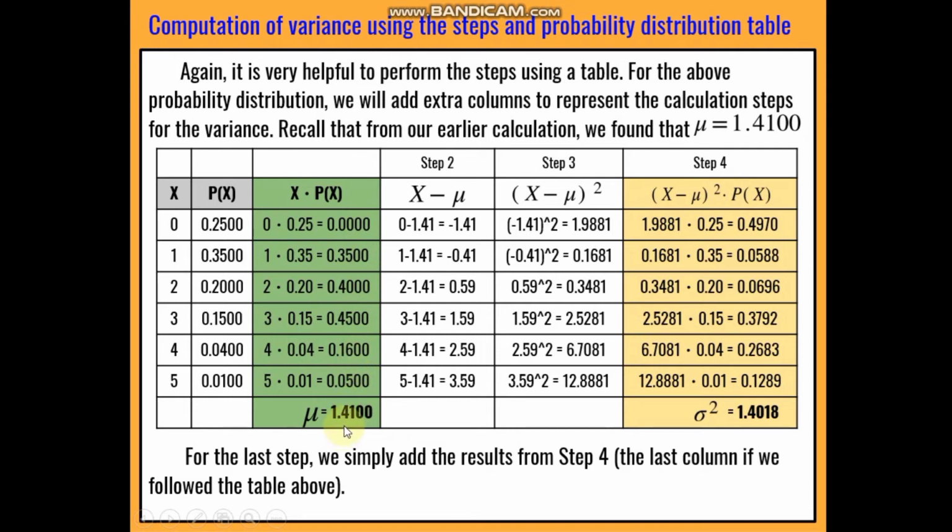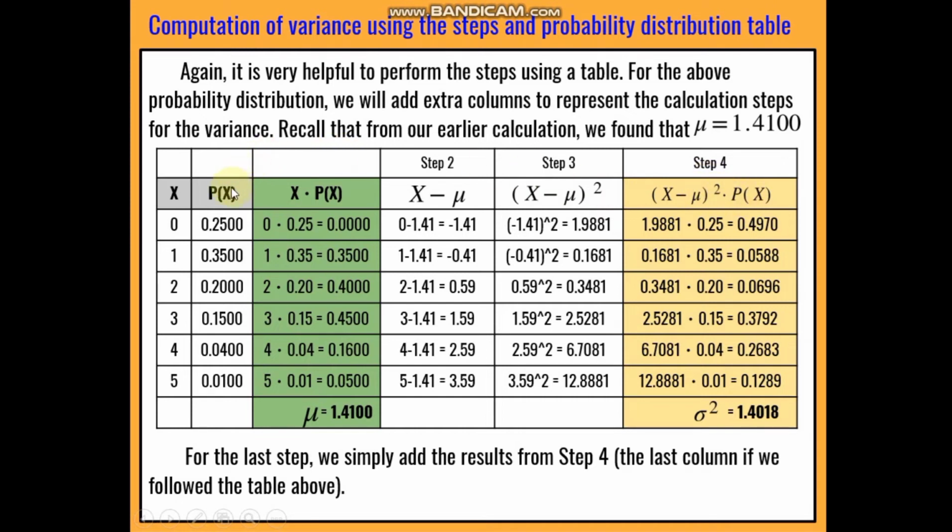To get your variance, before arriving at the summation of the quantity x minus mean squared times p of x, kailangan muna natin ng separate na results for x minus mean. So, x minus mean muna, and then yung sagot dito, x minus mean squared, para makuha natin yung x minus mean squared times p of x.